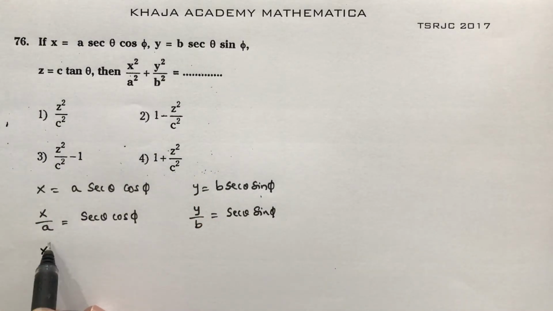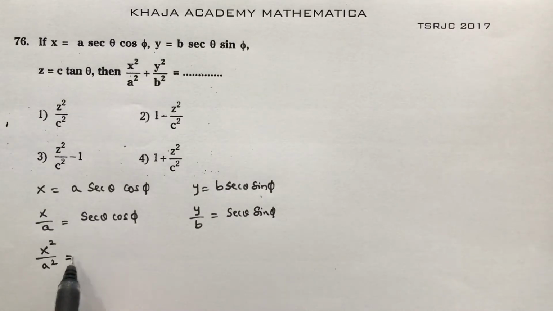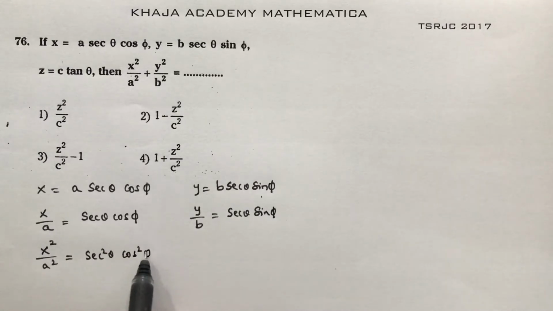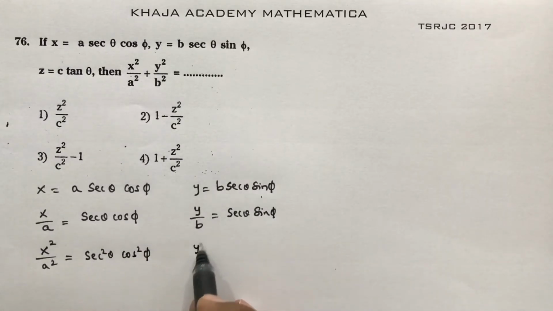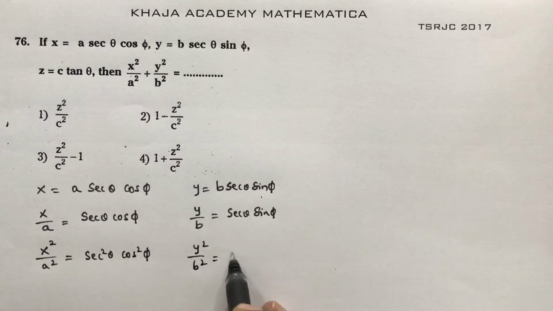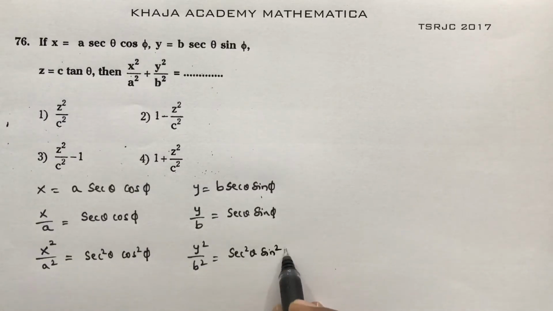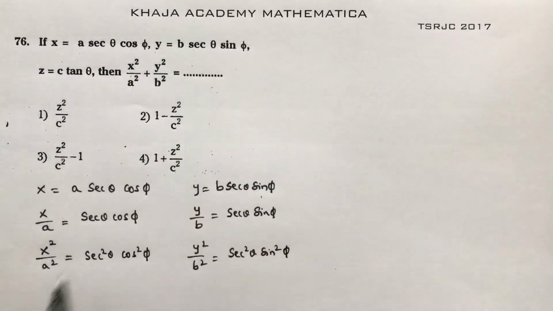Squaring on both sides, x square by a square equals secant square theta cos square phi. y square by b square equals secant square theta sin square phi. Now we need to add these two values.